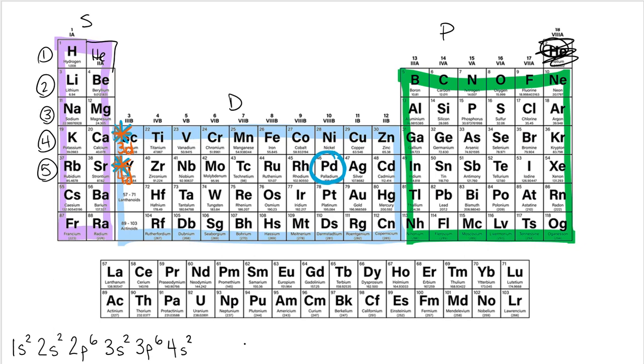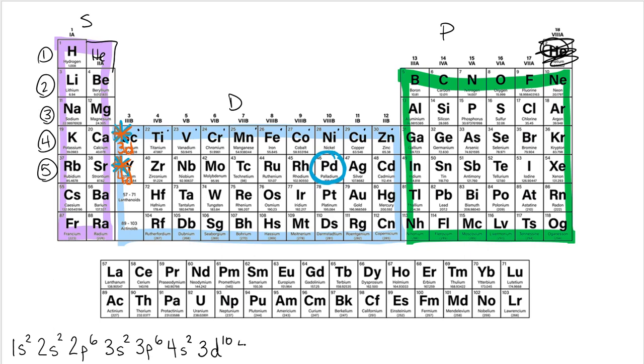Be careful, the d's are out of order. 3d10 gets us to zinc. Remember, d has 10: 1, 2, 3, 4, 5, 6, 7, 8, 9, 10. 3d10 gets you to zinc.